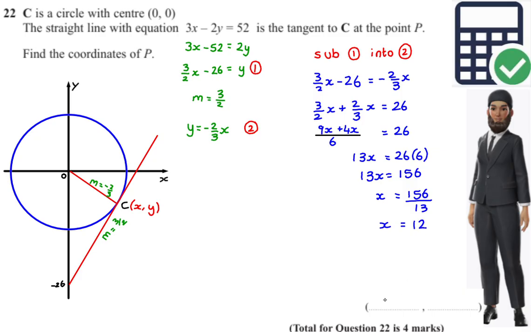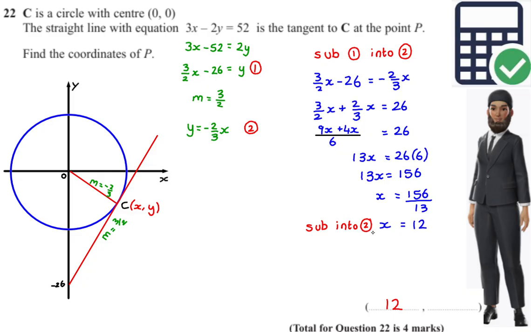If x is equal to 12, what we are required to do then is substitute this value into equation number 2. And then what will we get?